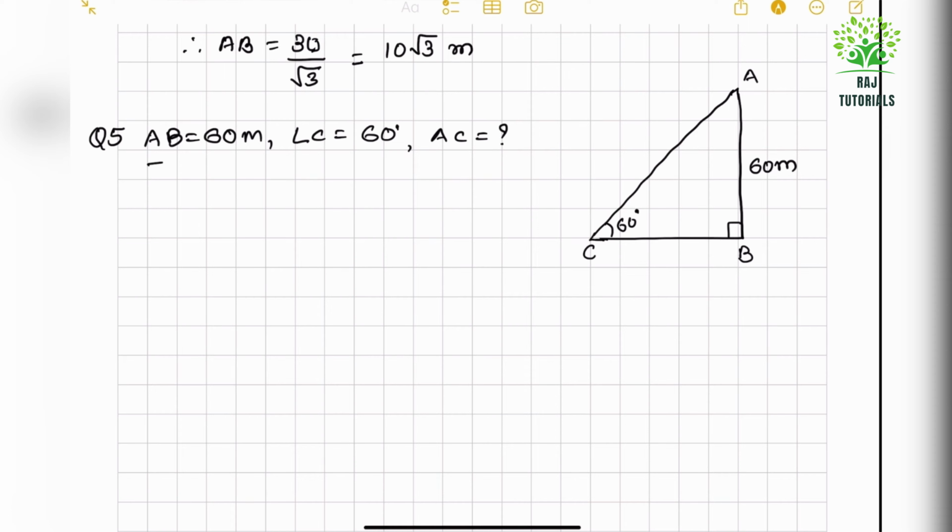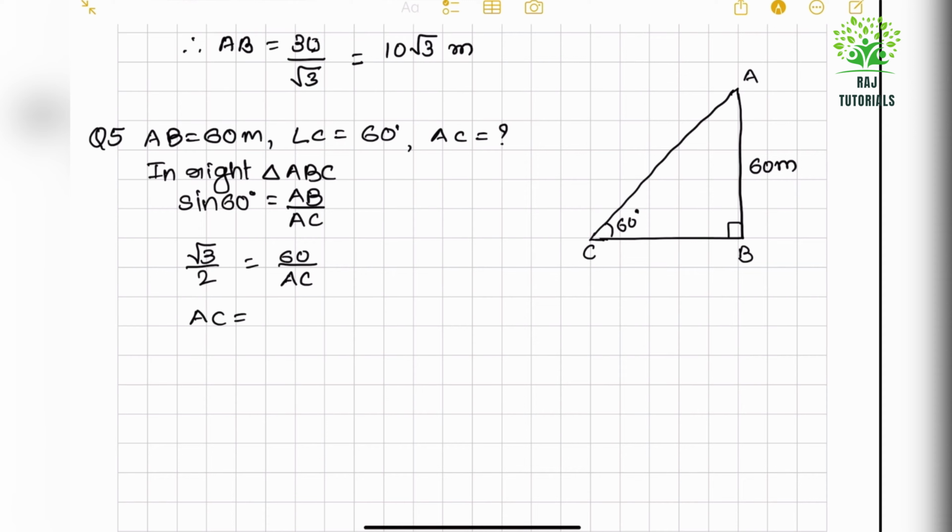So I am given here AB equal to 60 meter, angle C equal to 60 degree, and I have to find AC. So in right triangle ABC, I can say sine 60 equal to AB upon AC.